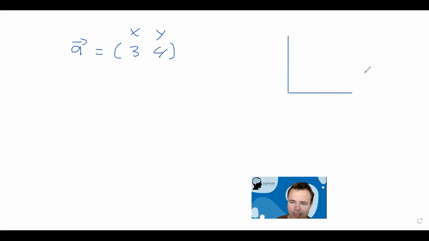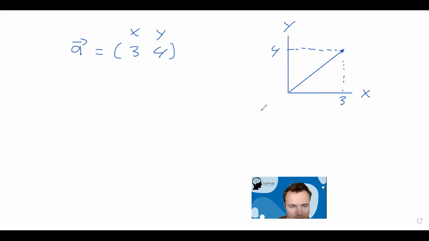So here you have the x axis, here you have the y axis. And then I can make an arrow like this. And then you will see that what this vector is basically saying is that you go 3 steps to the right and 4 steps upwards. That's how you can basically interpret a vector. 3 steps to the right and 4 steps upward.